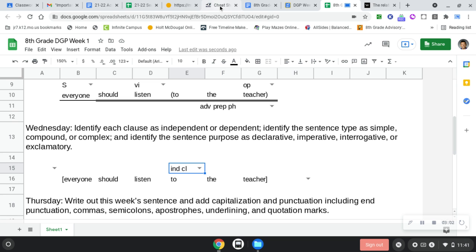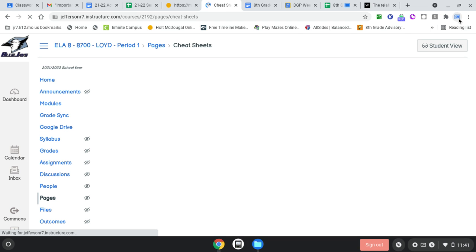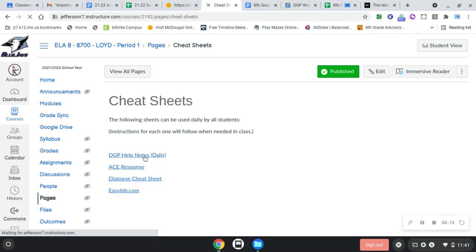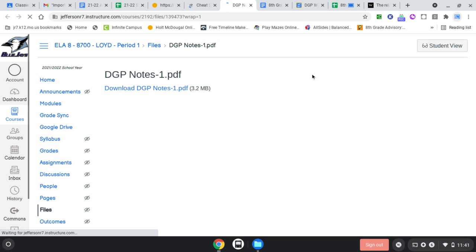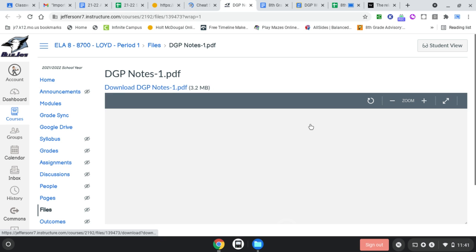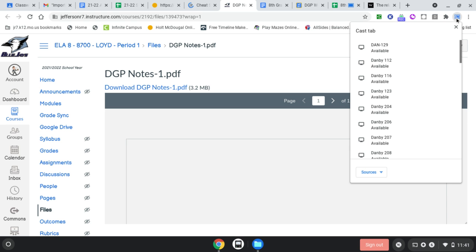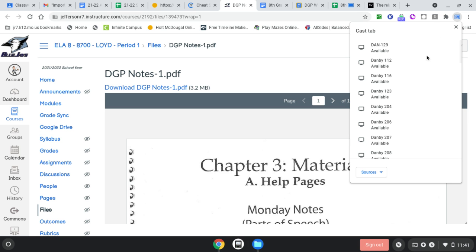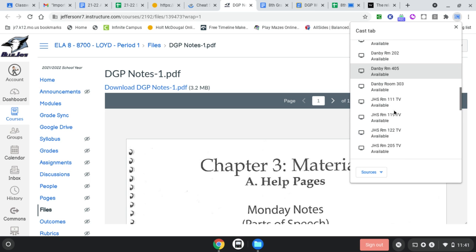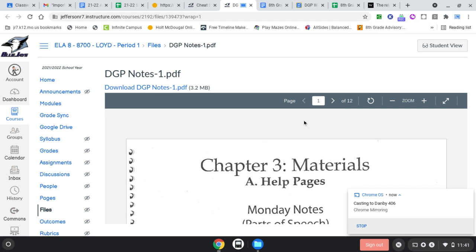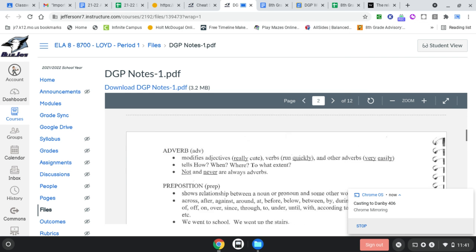So now you can take that information, since we know it's one independent clause, look back to your cheat sheet. If you look back to DGP Wednesday, and you look at the types of sentences, all you simply have to do is look at how many clauses, what type of clauses you have to give yourself an idea of what type of sentence you have.